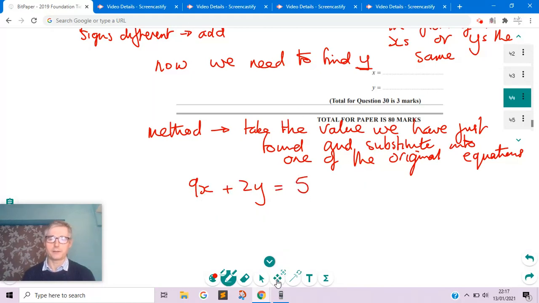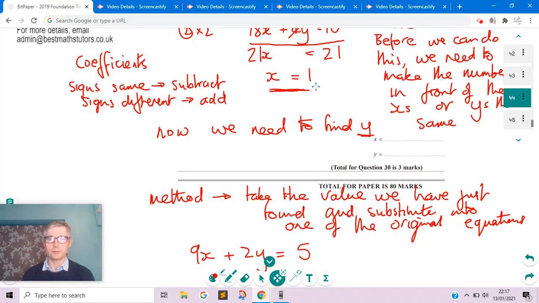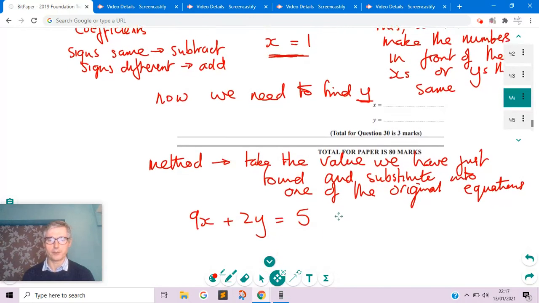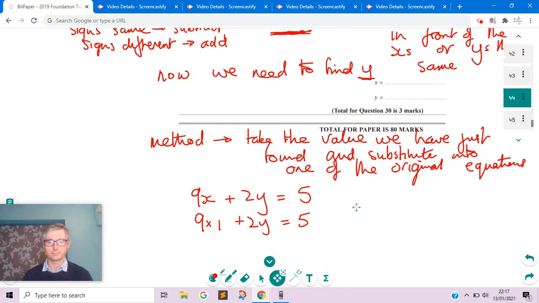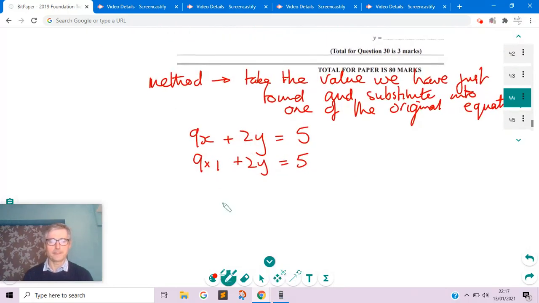And if I then put in the value that we found, which was that x is equal to 1, we can see that 9 times 1, replacing the x by the 1 that we found before, plus 2y equals 5. So 9 times 1 is just 9, plus 2y equals 5.